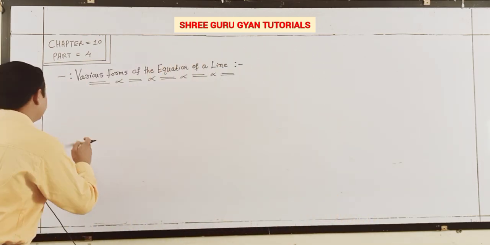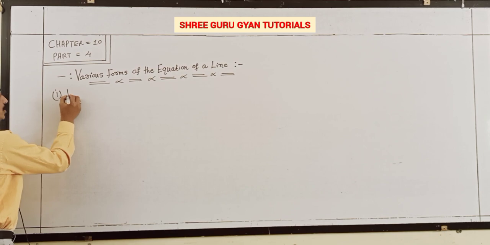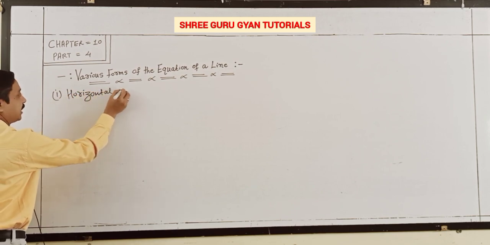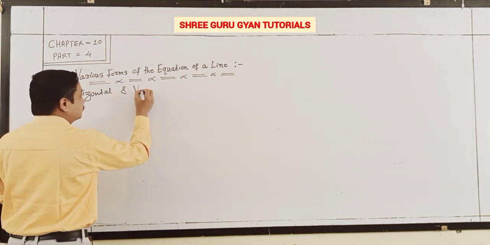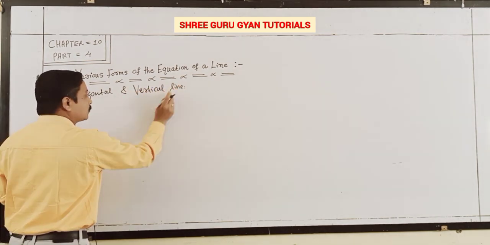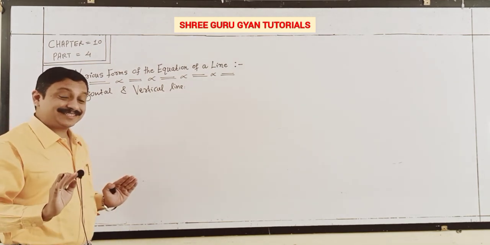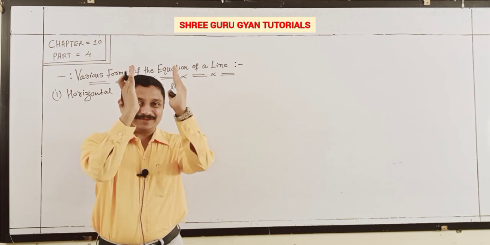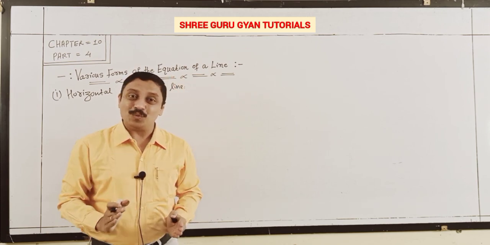First point is the simple way: horizontal and vertical line. Very simple. Horizontal means parallel to the x-axis, vertical means parallel to the y-axis.